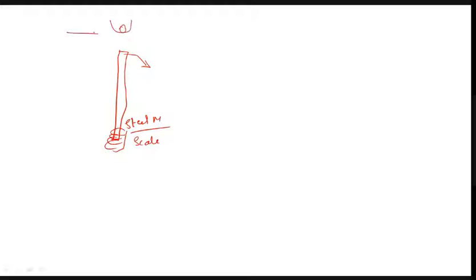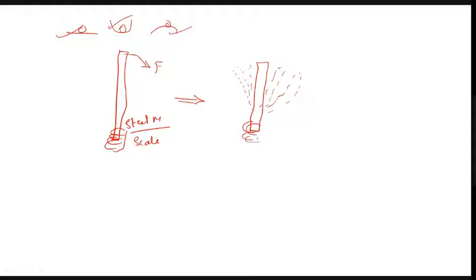You know different types of equilibrium: this is the neutral state, this is stable, and this is unstable. So now this is in equilibrium. What I will do is apply the force. When I pull the steel and leave it, it will oscillate like this. Your scale will oscillate like this while I am holding here very tightly.